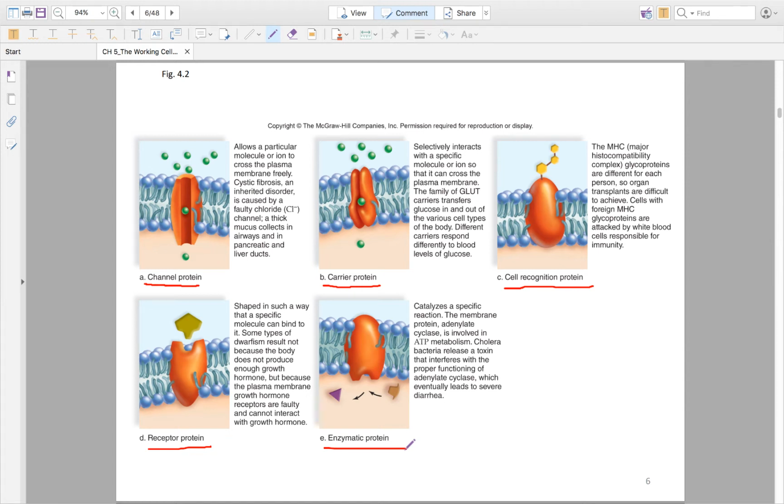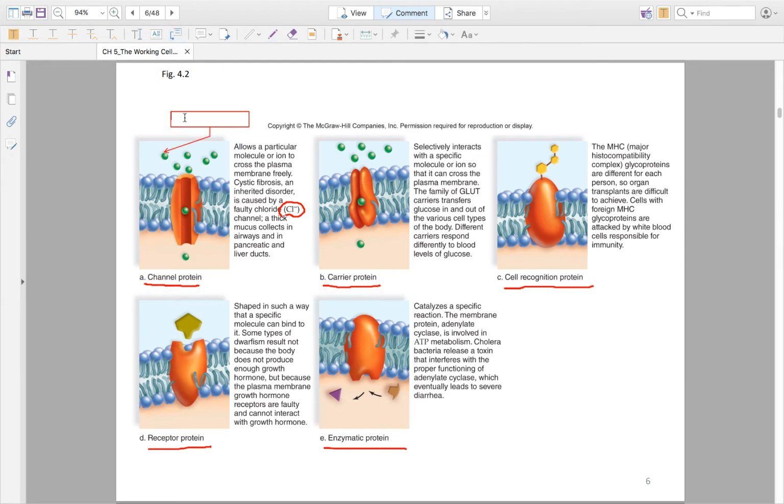Okay, a channel protein allows ions to pass through. Okay, now this is very important because it's not just any ion that can pass through any channel. It's very specific. So let's say we're dealing with chloride ion. And all of these little molecules right here are chloride. Let's just use their example.